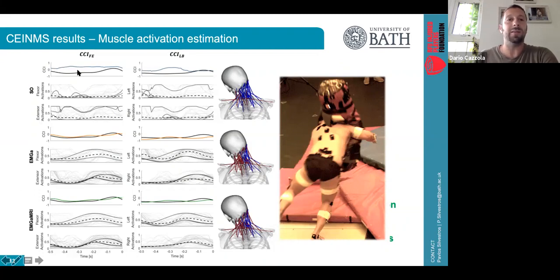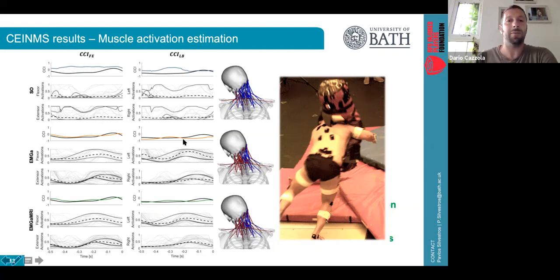To give more context, this index should be equal to 0 when you have full co-activation between antagonist muscles. In this case, what you can see in black solid lines are the experimental data, whilst in blue, amber, and green, you can see the same co-contraction index for the different methods.